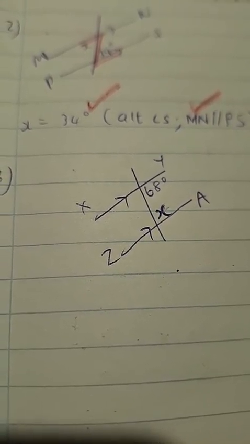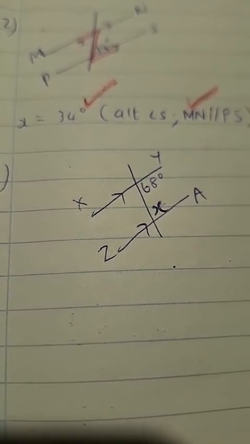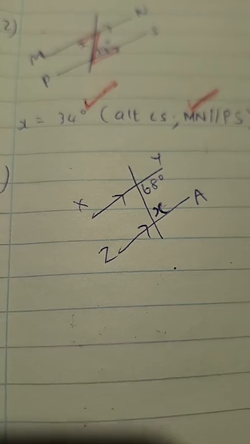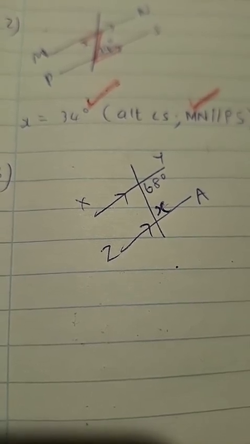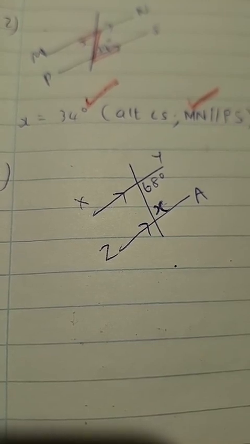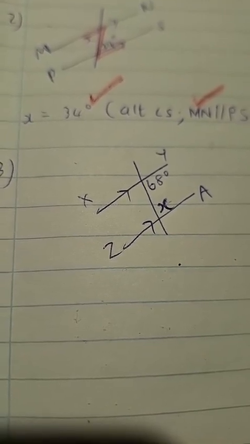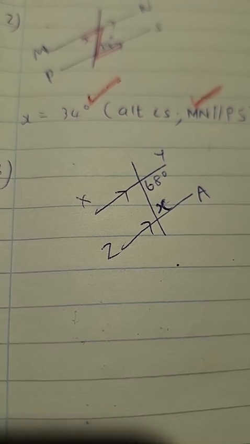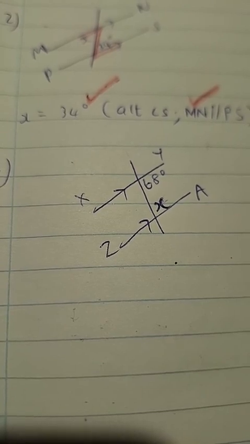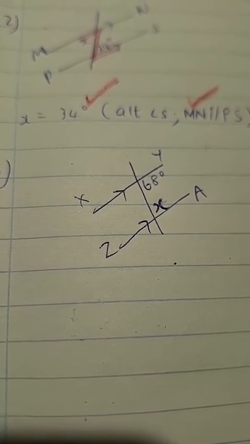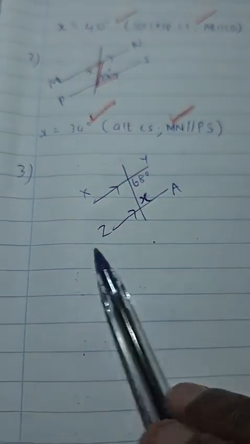The majority is saying 68 and one person is saying 112. The rest are silent. IT Mazinho says 112, co-int angles. Okay. Alright guys, I think at least we've given people a chance to respond.